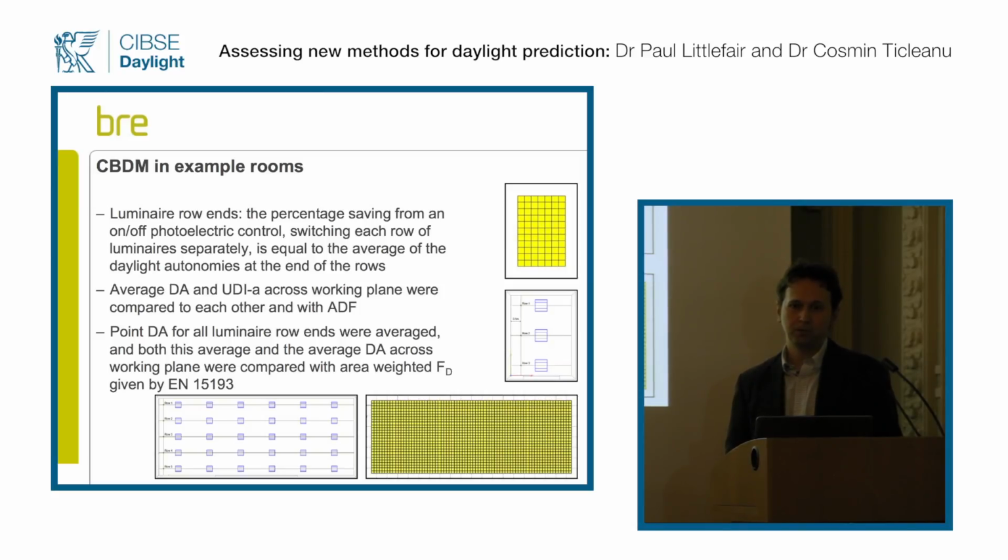And purely because we wanted to see the relationship between these values, in order to see whether there are differences in terms of predicting energy savings by the two methods. And we'll see the results in the next slides.